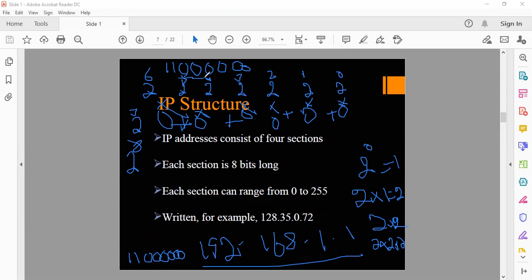As these four bits are all zeros, when they are multiplied with these values, their value will become 0. The remaining 2 bits are 7 and 8.